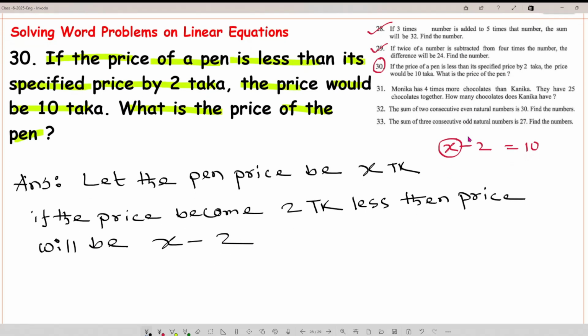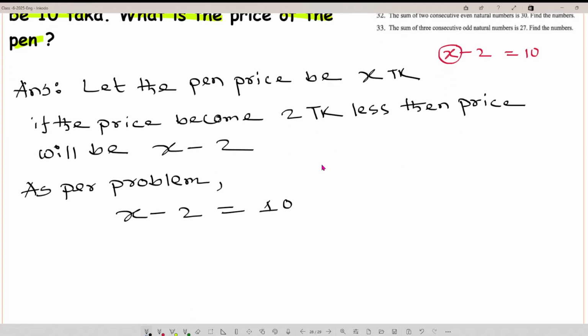Okay. Now as per the problem, X minus 2 equals 10. So what is the price of the pen? So we can add 2 to both sides.